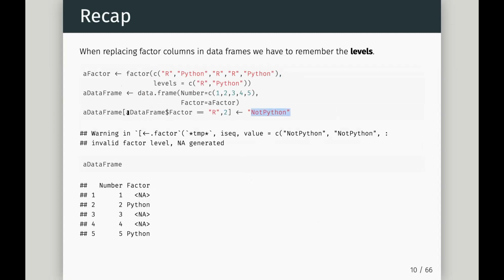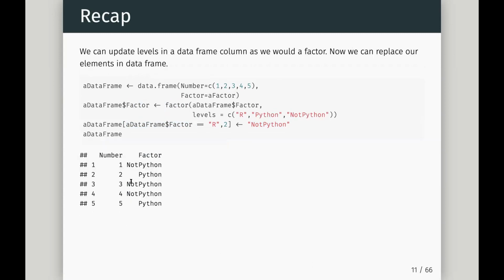So I'm replacing every row where factor is R, looking in the second column, the factor column, and trying to replace these values, which were R, with not Python. It gives me this warning, invalid factor level generated, because not Python wasn't listed in the levels. And it's just giving me NA, NA, NA. So it just didn't work there.